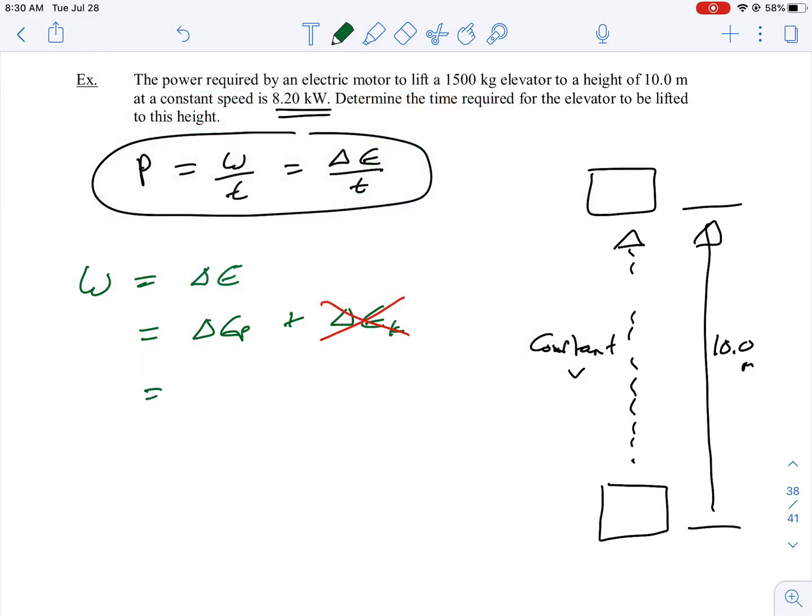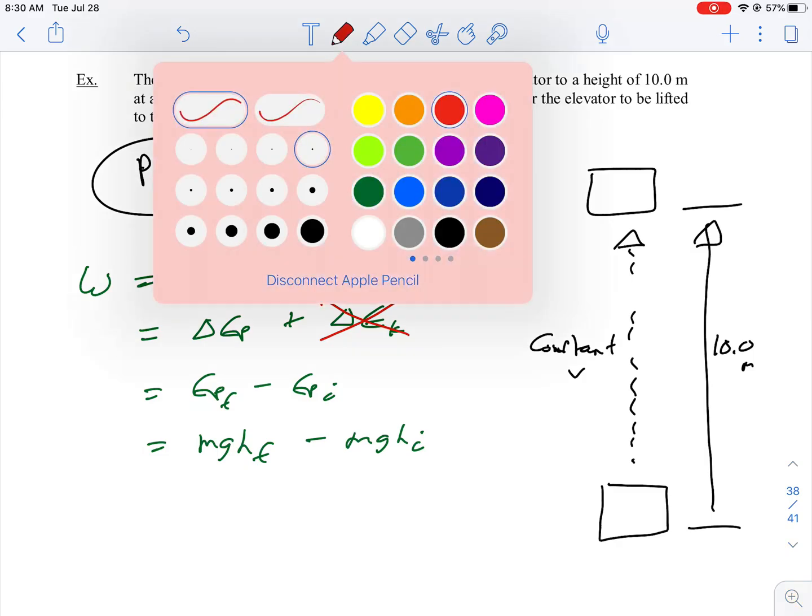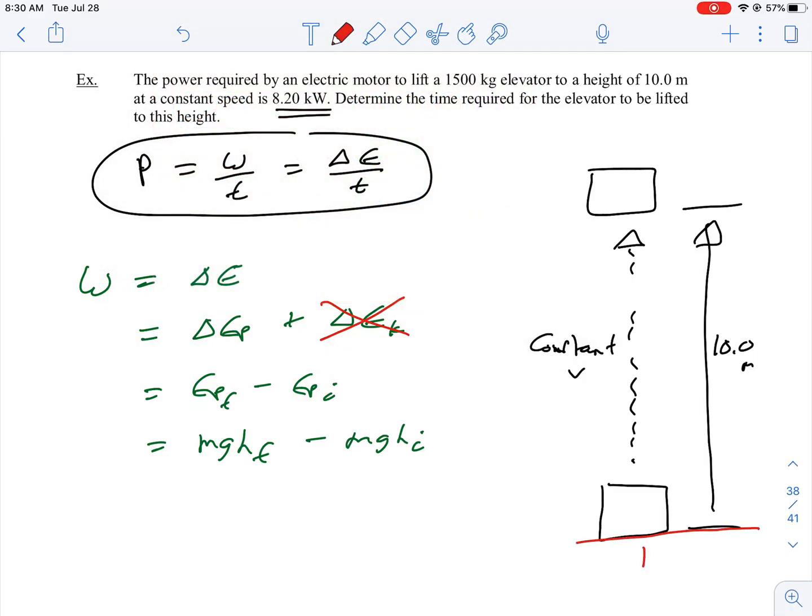And we can call that EP final minus EP initial, or mgh final minus mgh initial. And it makes sense to choose the lowest location here as your zero height location, so it has no height at the start, no potential energy at the start.